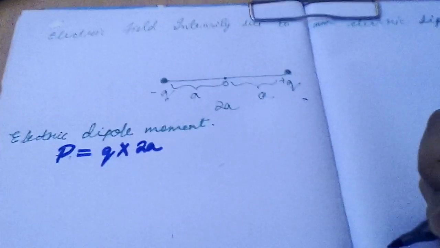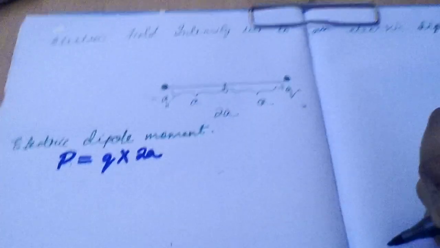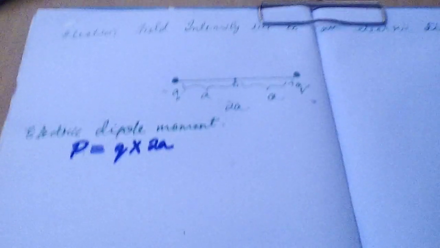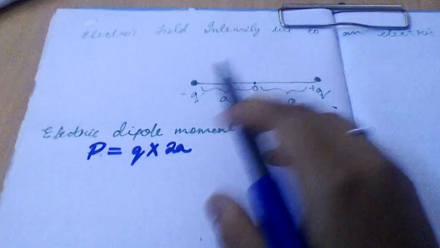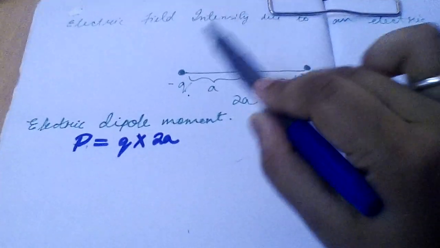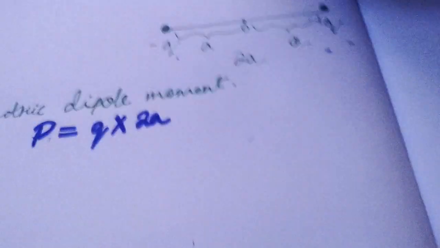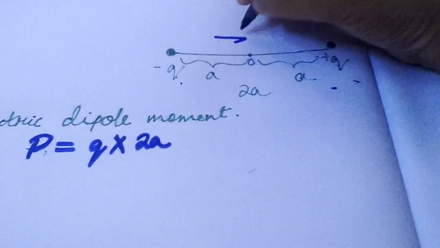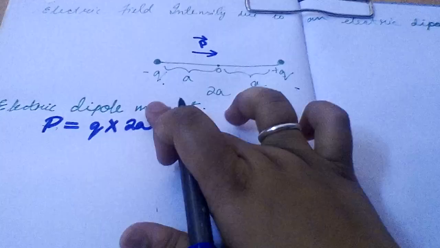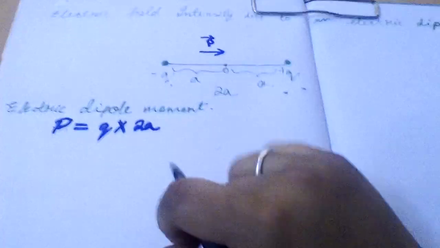A very important thing: as it is a vector quantity, the direction of the electric dipole moment is always from the negative charge to the positive charge. That is, in this particular setup, it is directed towards the right-hand side. This is the direction of the electric dipole moment in this case.